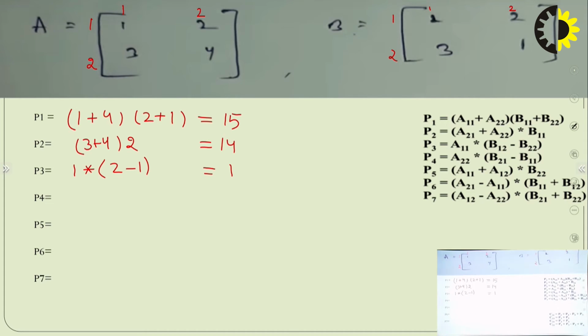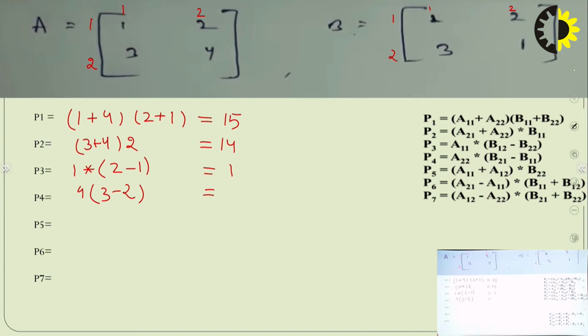Now just calculate the value of P4. P4 is A22, which is 4, multiplied by B21 minus B11. The value of B21 is 3 and the value of B11 is 2.